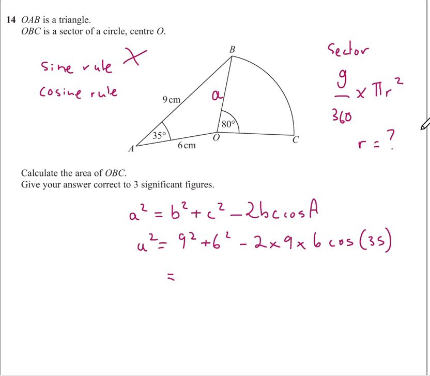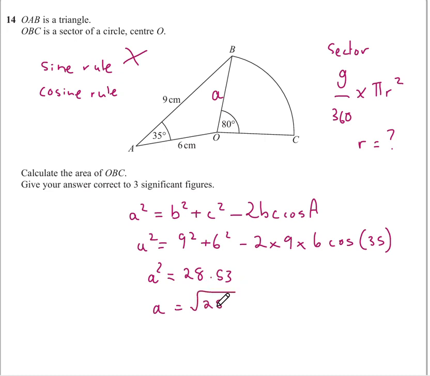Okay, pop that all in the calculator. No real need to simplify every term individually. It's going to give me a squared is 28.53.